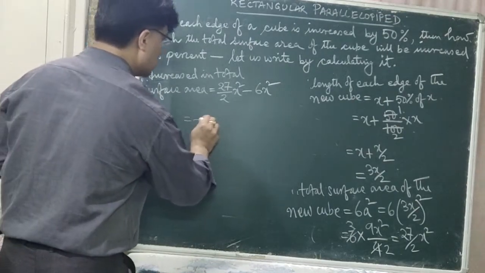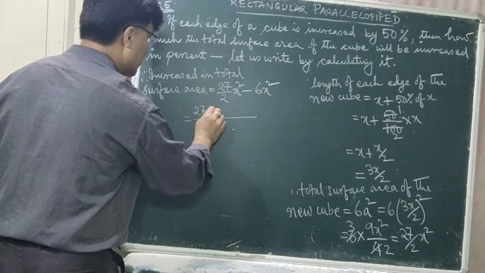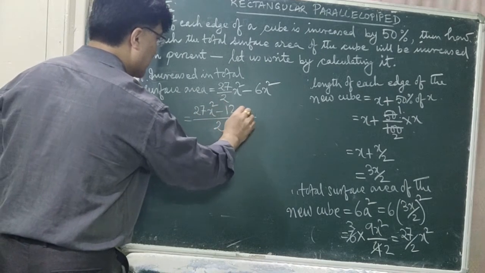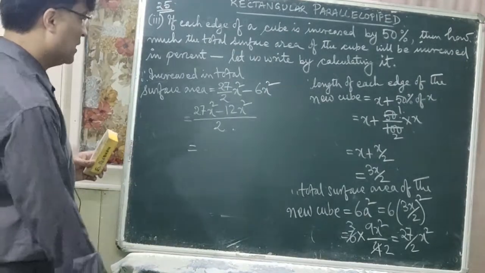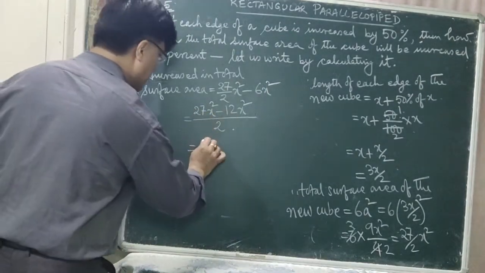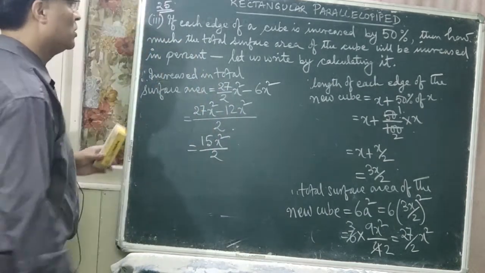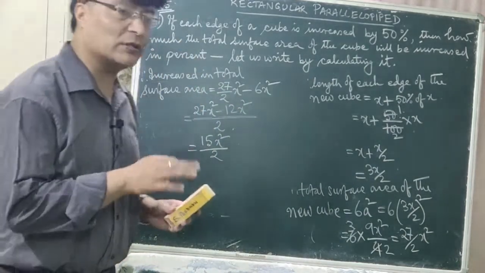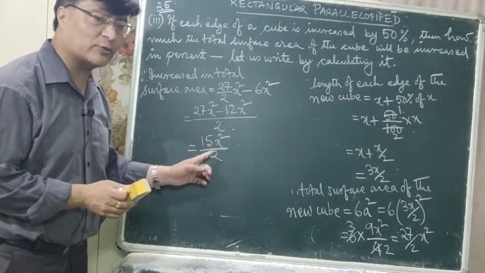So which is equal to, what's the LCM? The LCM is 2. So in the numerator, what do we write? 27x square minus 12x square, which is equal to, how much is it? 27 minus 12 is 15. 15x square upon 2. So this is the increase in total surface area. So what is the increase in total surface area? That is 15x square by 2.